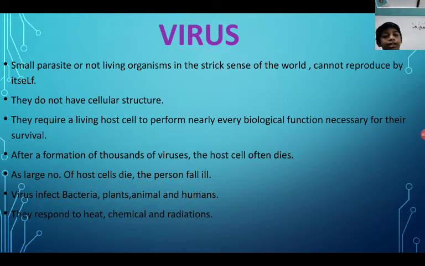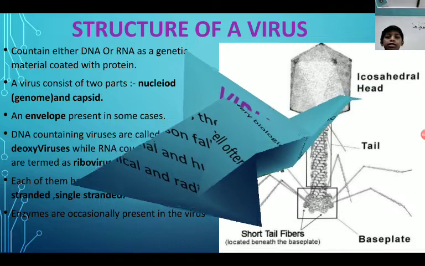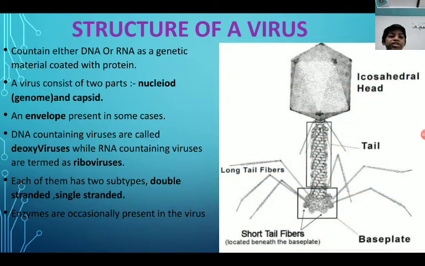The virus infects bacteria, plants, animals and humans. They respond to heat, chemicals and radiation. Let us see about the structure of a virus. The virus contains DNA or RNA as genetic material coated with protein. A virus consists of two parts, nucleoid and capsid.